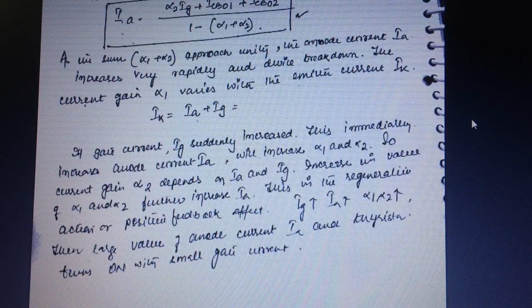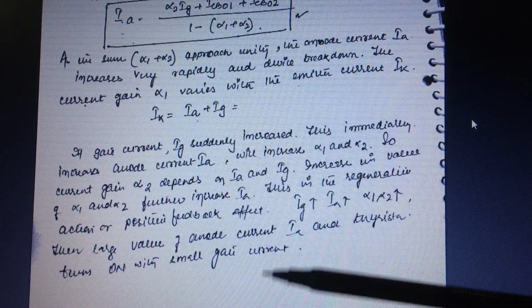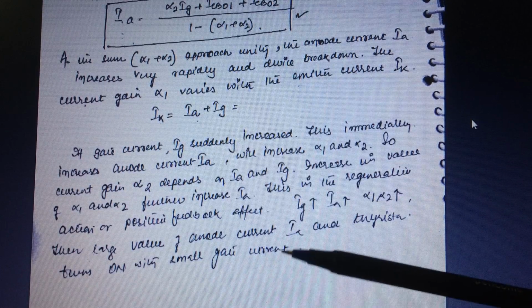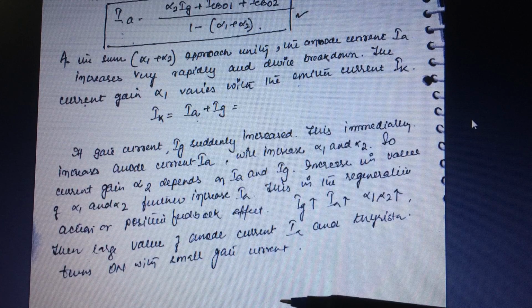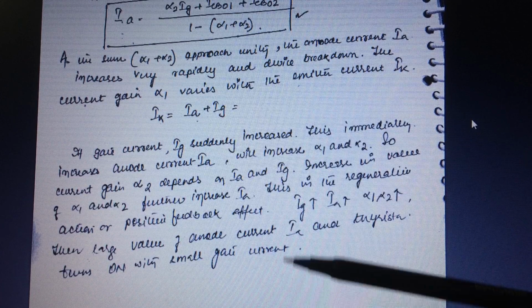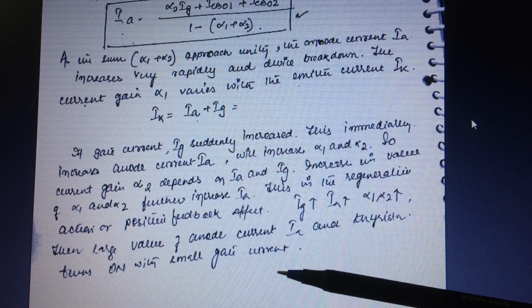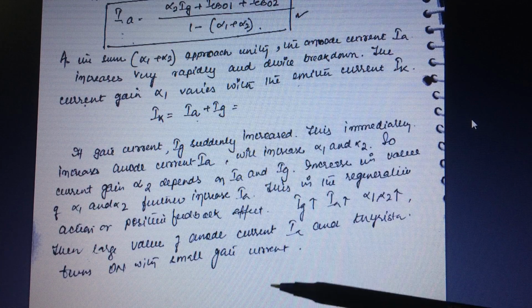In this note it is clearly written that if the gate current is suddenly increased, it immediately increases the anode current, and if the anode current increases, the gain will also increase. So the current gain depends upon the anode current and gate current.